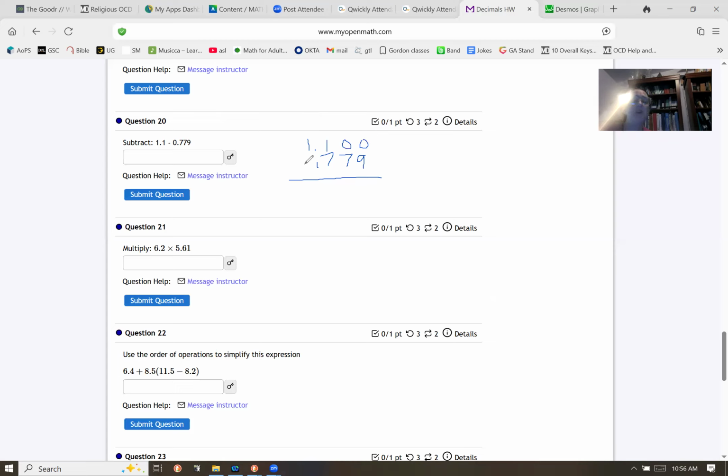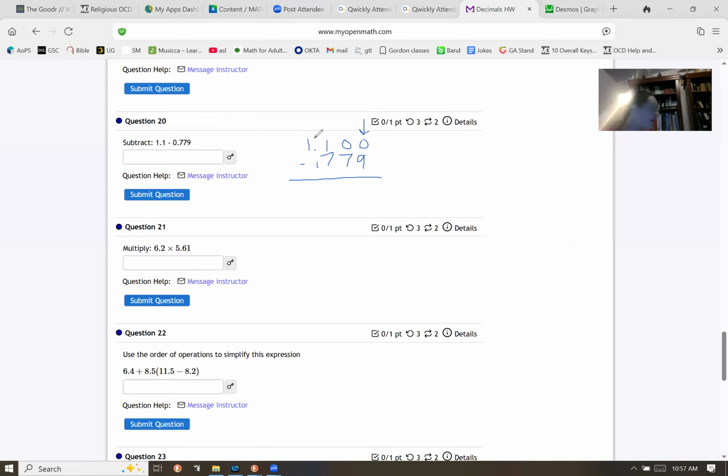And we're going to subtract off 779 thousandths. Now we could do this with all of the trading and everything, but to me, there's an easier way to do this. What I'm going to do is just put this over the denominator of 1,000 because we have our last digit in the thousandths place.